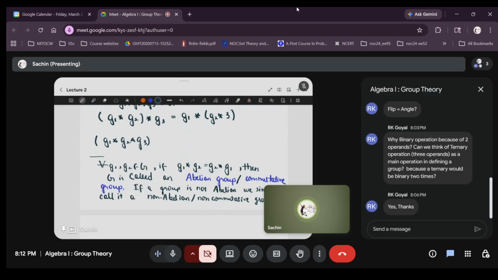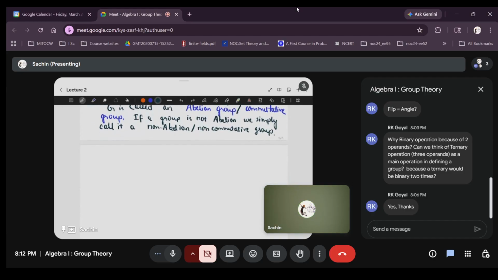But here I have still written G is called an abelian group, which is not exactly right, but we assume that the operation is clear, so the context will tell us which operation it is. And with slight abuse of notation, we just say G is a group instead of G star is a group. If you really wanted to be precise everywhere, you could simply say G star is a group, or G is a group under star.